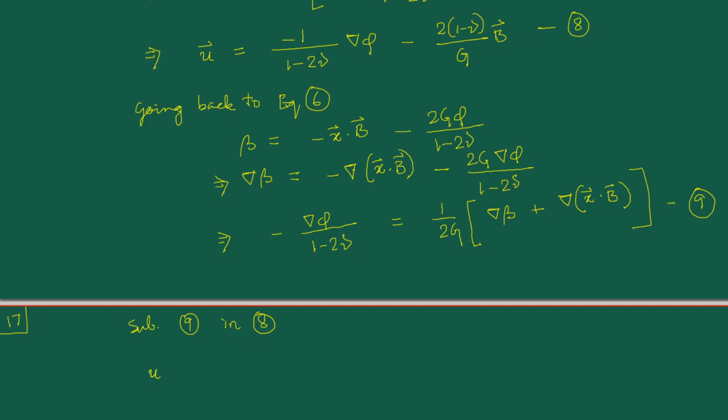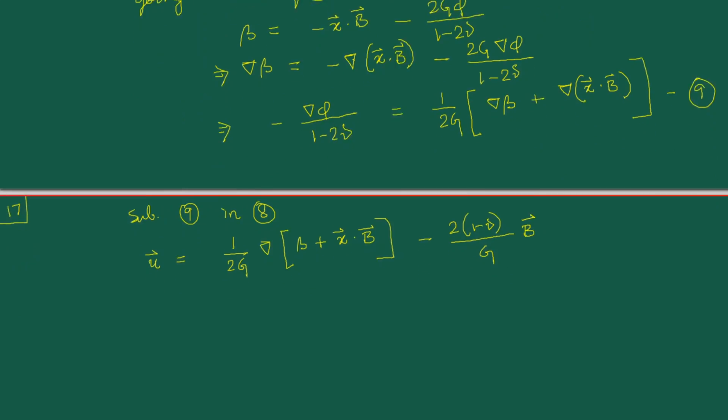What we obtain is u vector is equal to 1 by twice g, and please note that here I'll take this gradient operator common. So gradient of beta plus x vector dotted with b vector, minus 2 into 1 minus nu divided by g, b vector.